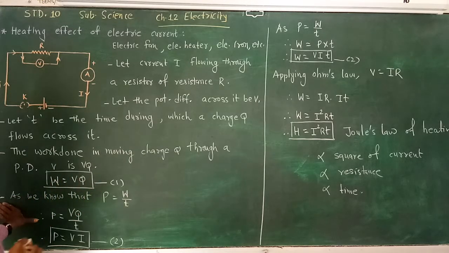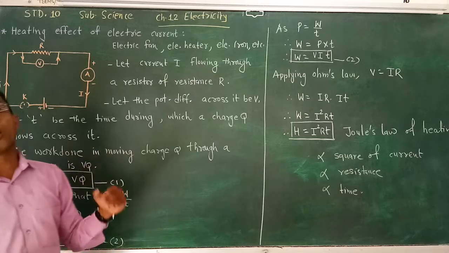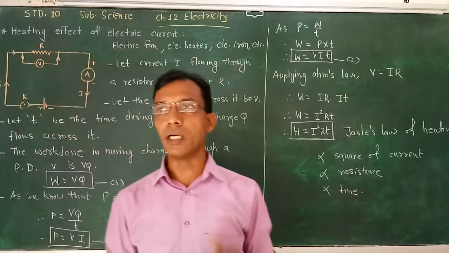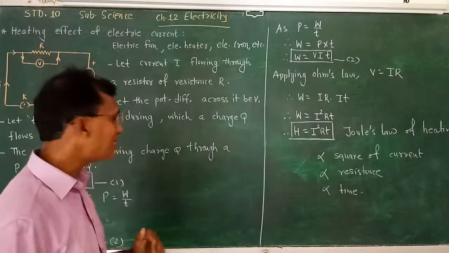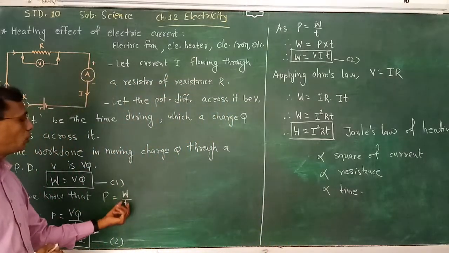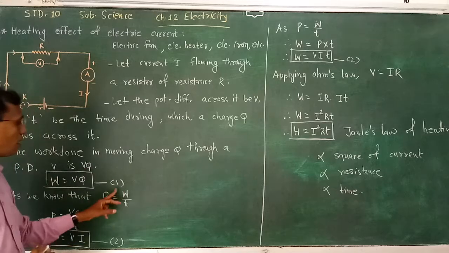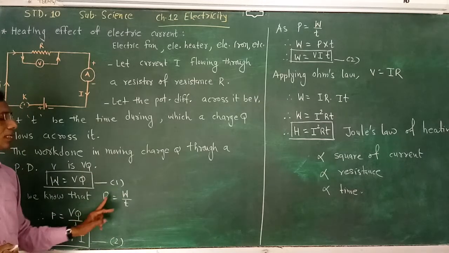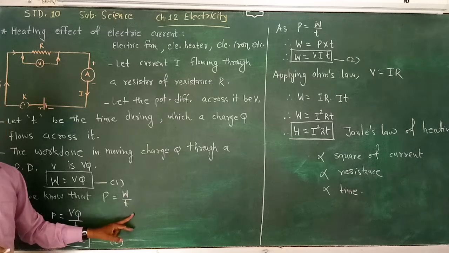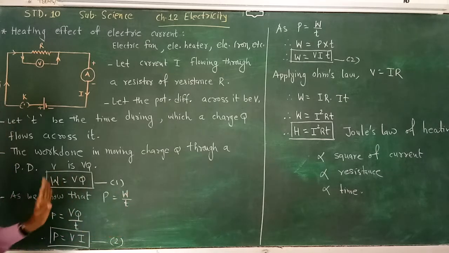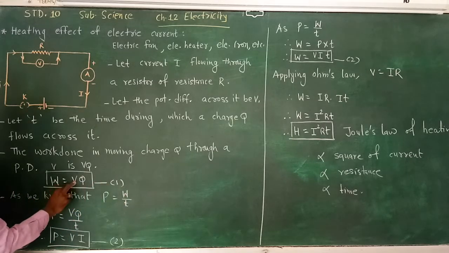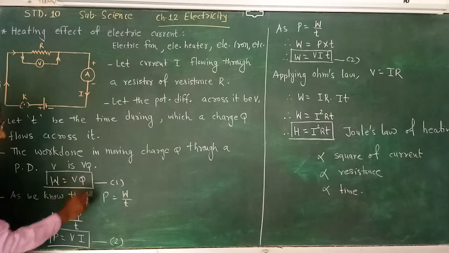But as we know, power P is equal to work done per unit time. It means that P is equal to W upon T, where W is the work done and T is the time interval. But what is W? W is equal to V into Q from equation number 1.